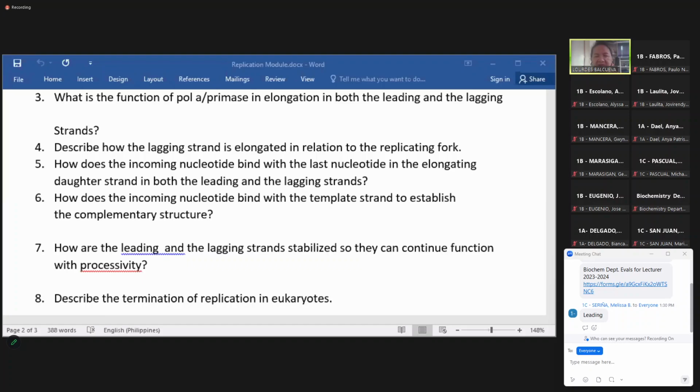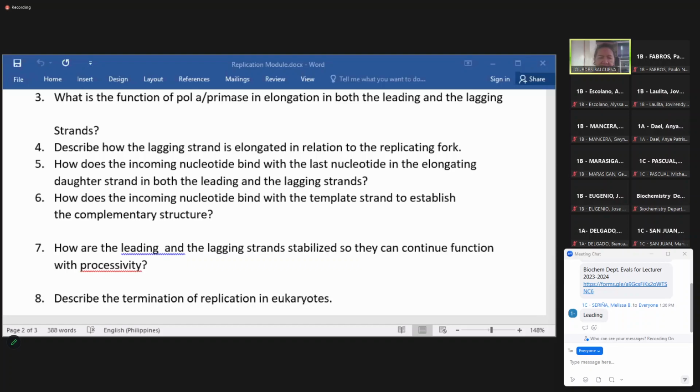Once it reaches the last nucleotide that's been incorporated already, it will remove the RNA. So it needs a ligase after the removal of the RNA and the incorporation of the new DNA molecules. Okay.